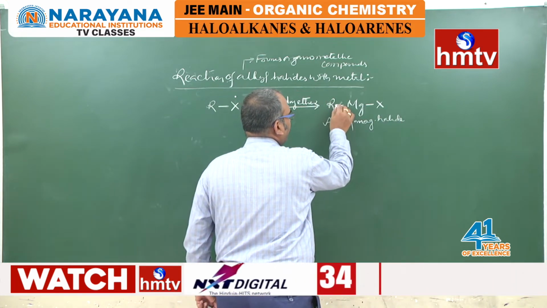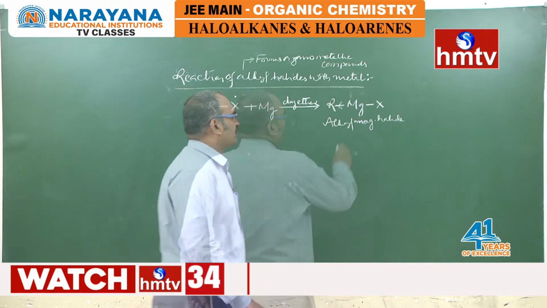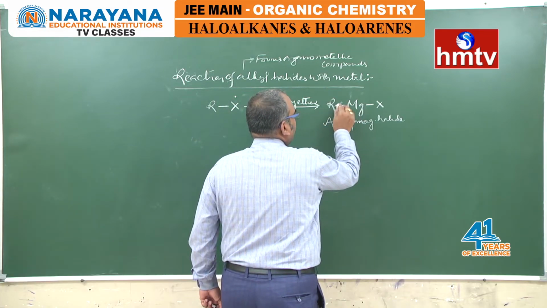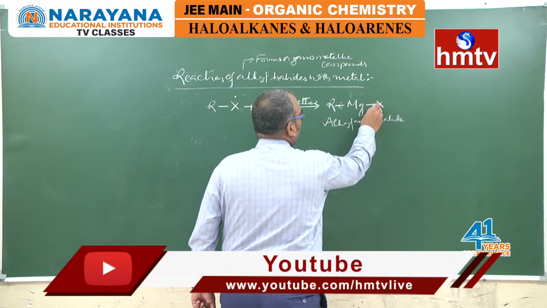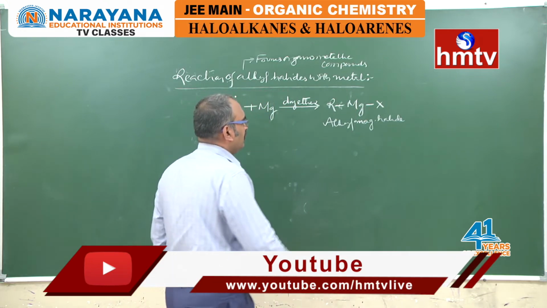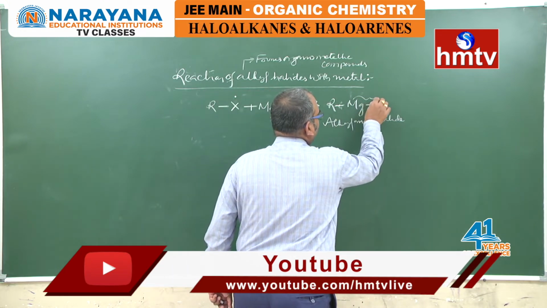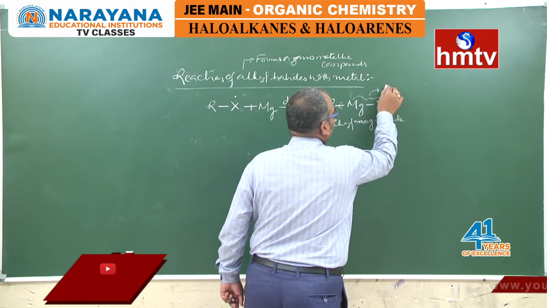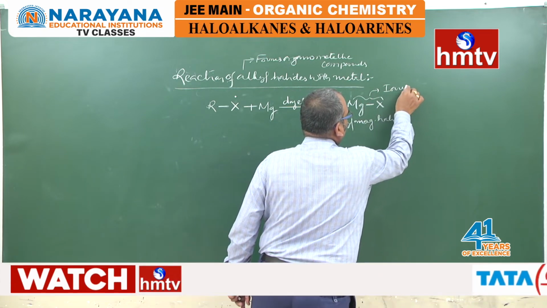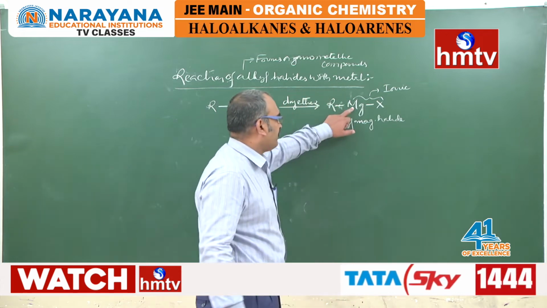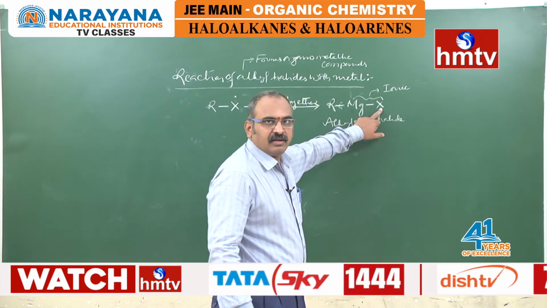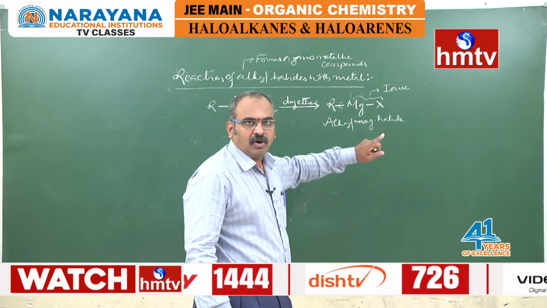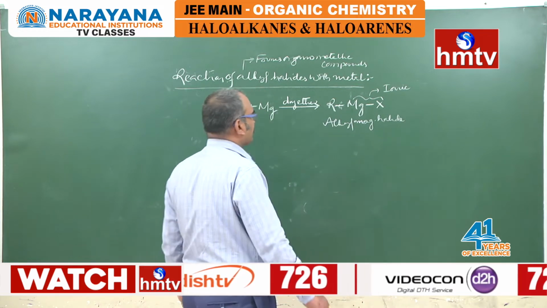Alkyl magnesium halide has two different types of bonds. Magnesium is attached to the alkyl group as well as the halogen atom. This Mg-X bond is obviously ionic in nature because magnesium is a metal and X is a halogen.